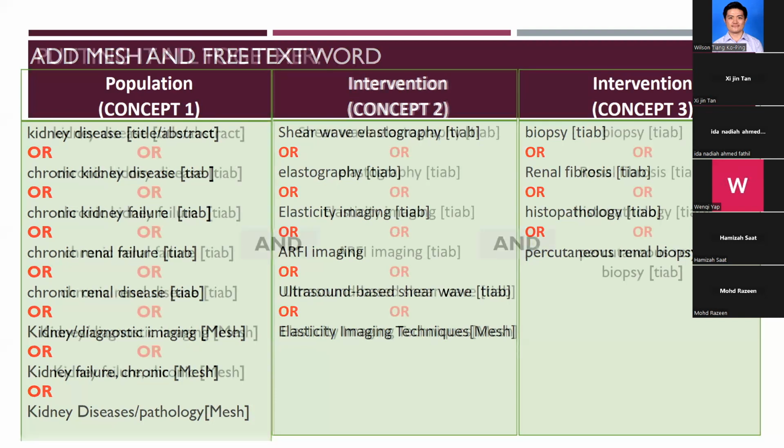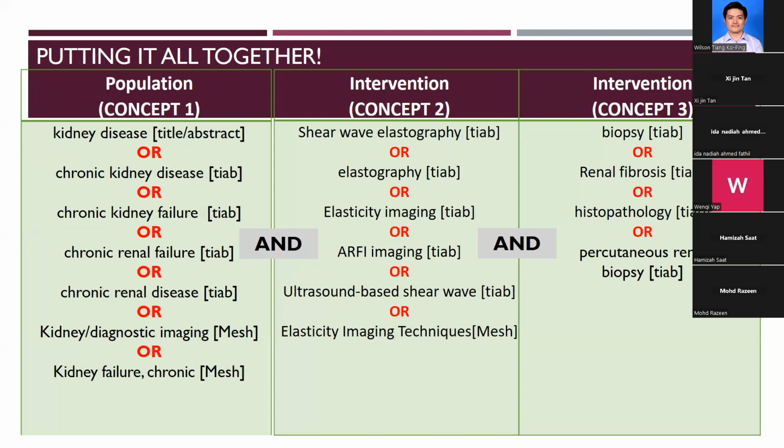Once you have already put OR for all the same concepts, when you want to combine three concepts together, you need AND. Remember you need AND, because AND will help you to combine three concepts, and the results will have all three components itself. That means it won't be individual like this anymore; it will be together.